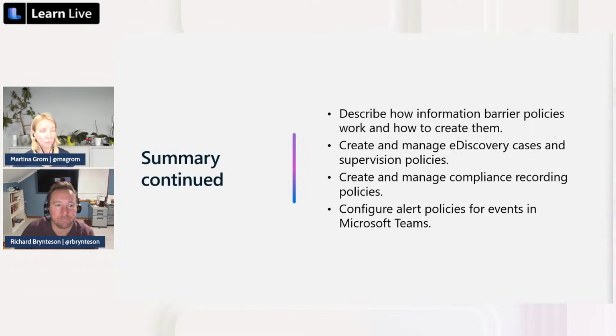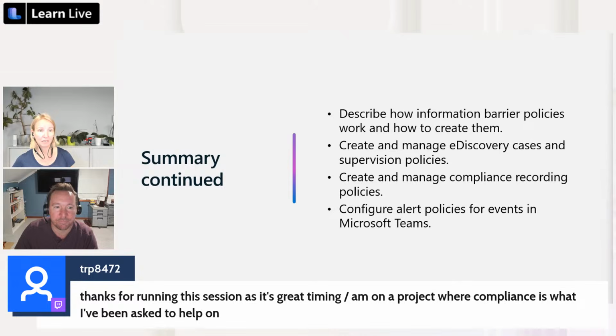Then we talked about how we can prevent users from talking to each other with information barrier policies. We managed eDiscovery cases and searched for content within our Microsoft directory. We also looked into compliance recording policies. And think about how you can configure your alert policies.